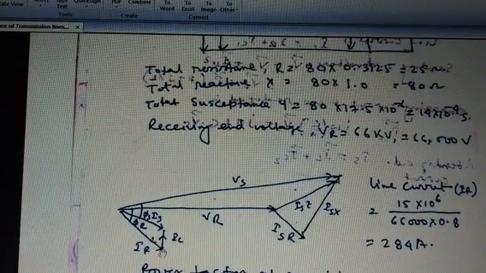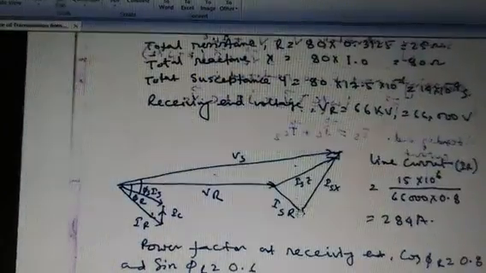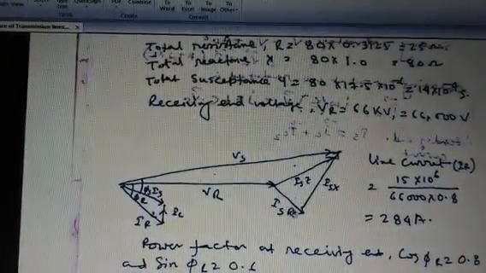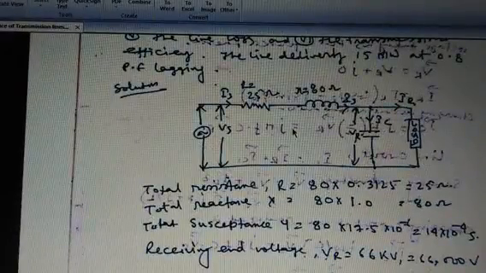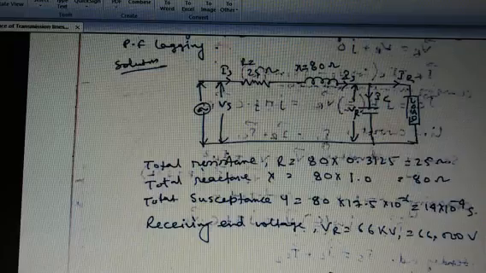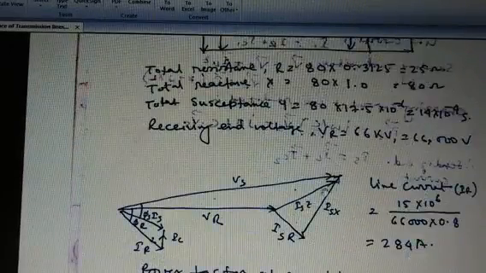The drop due to the reactance is 90 degrees along with the current, so this angle is 90 degrees. The drop due to the resistance and reactance is called the impedance drop, which is the resultant of this drop plus this drop, that is equal to Iz, and Iz is the vector sum of IR and IX.